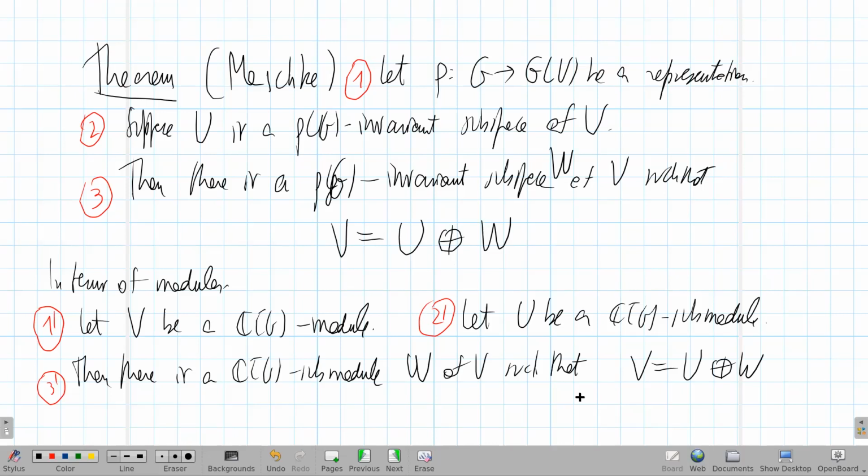And this can be formulated in terms of modules, and if you formulate it in terms of modules, I think it should be clear how this generalizes the case when you drop the G and you get just a C module, which means a vector space, a C submodule, which is a vector subspace, and another subspace, okay?